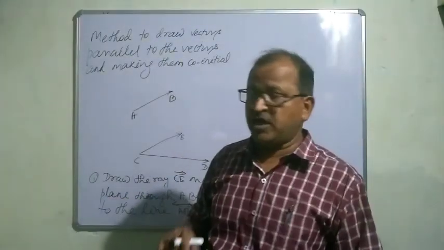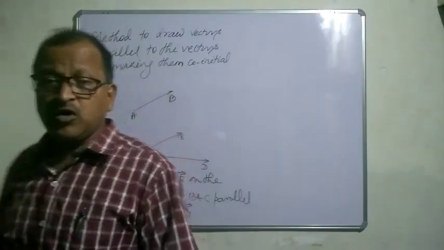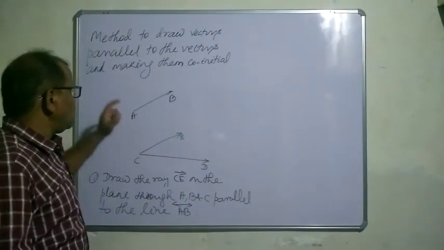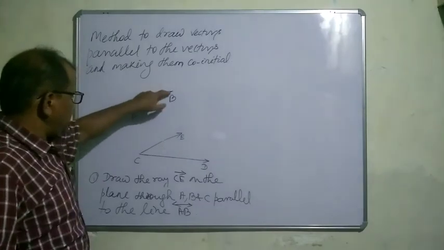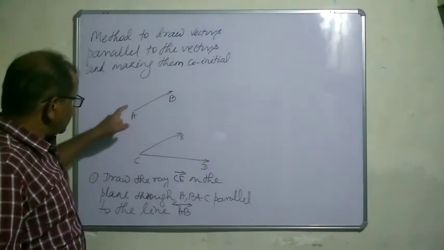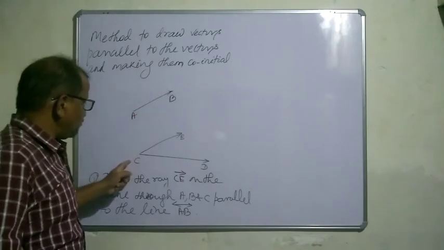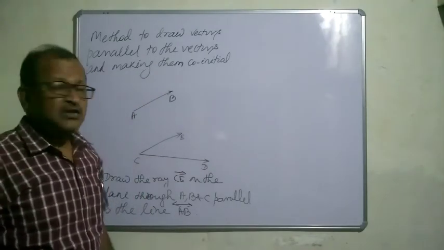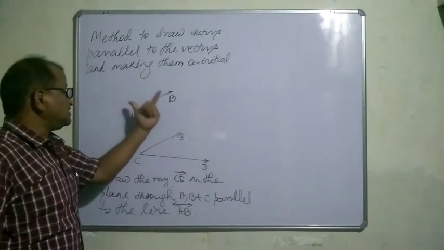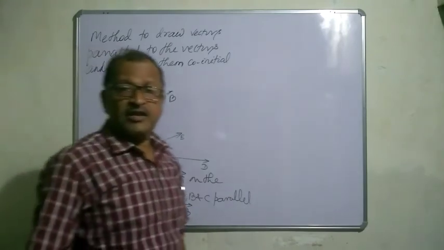In this way, we can make them co-initial. On the plane through ABC, we have to draw CE so that CE is parallel to the line AB.